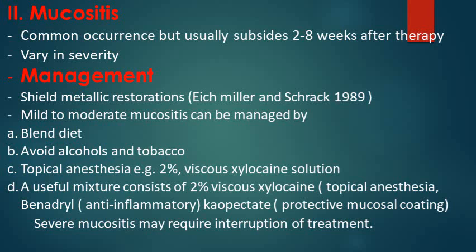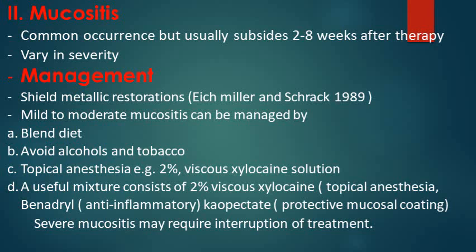Mucositis. It's a common occurrence, but usually subsides 2 to 8 weeks after therapy, and it varies in severity. The management: shield metallic restorations. Mild to moderate mucositis can be managed by a bland diet, avoiding alcohol and tobacco, and topical anesthesia, like 2% viscous xylocaine solution.